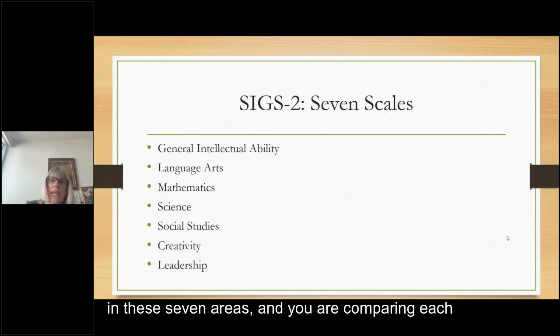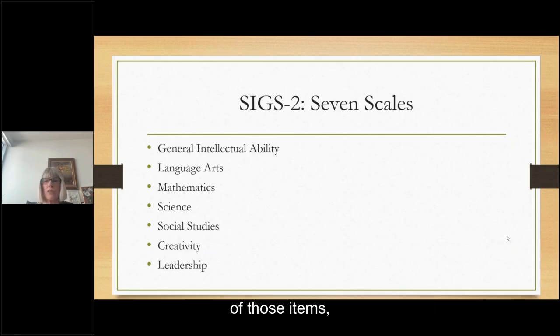And you are comparing each of those items to what degree a student shows this characteristic in comparison with the same grade level peer. And that's very important. We're looking at the same grade level.